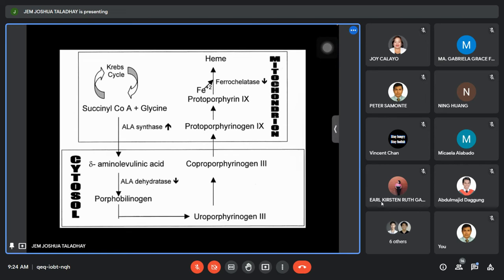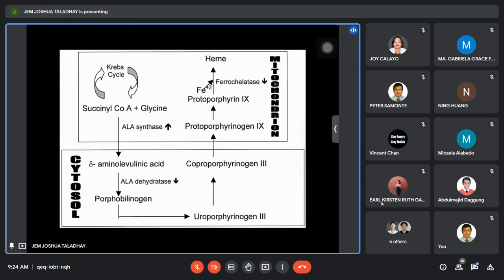So the uroporphyrinogen 3 would be acted upon by the uroporphyrinogen decarboxylase, removing a carbon dioxide molecule to form the coproporphyrinogen 3. So this coproporphyrinogen 3 is acted upon by a coproporphyrinogen oxidase to convert it into protoporphyrinogen 9.